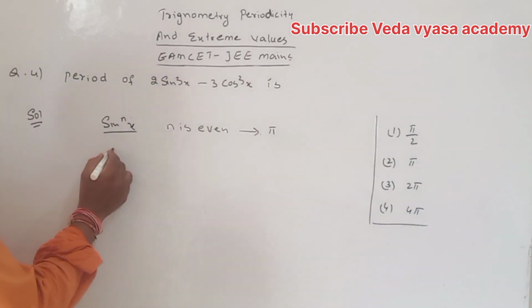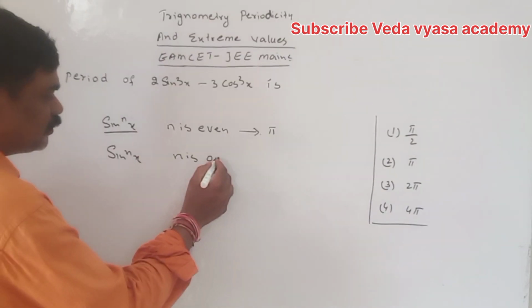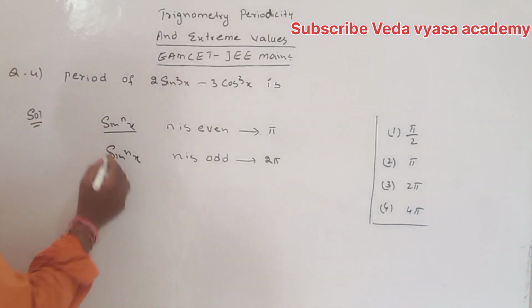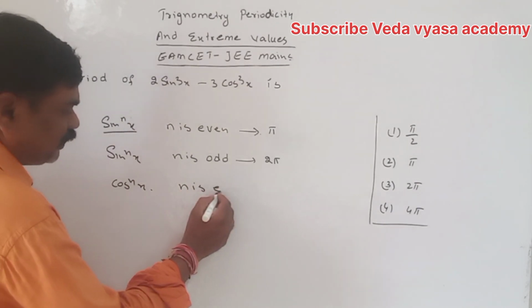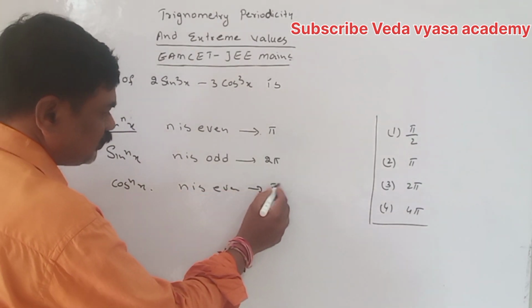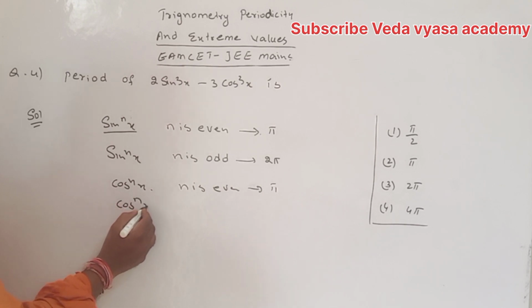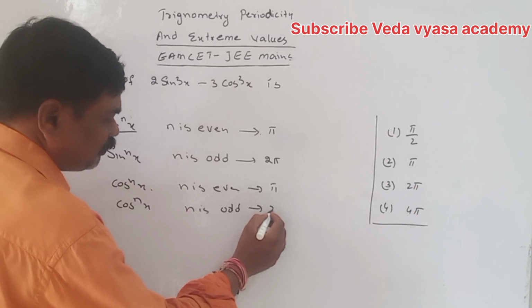Pi. Sin power nx, n is odd, then what is the period? 2 pi. Similarly, cos power nx, n is even, then what is the period? Pi. Cos power nx, n is odd, then what is the period?